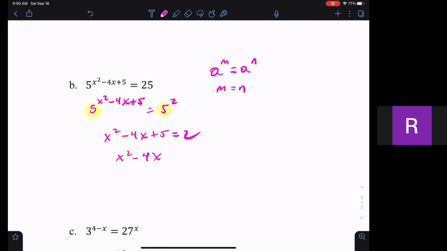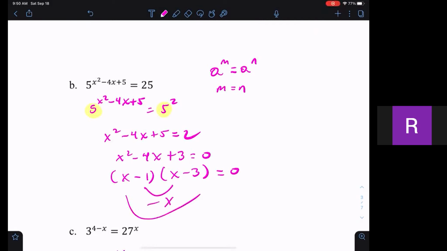This is going to be x squared minus 4x plus 3, which is (x - 1)(x - 3), because negative 1 times negative 3 gives you positive 3, and negative 1x and negative 3x give you negative 4x. Now you set each factor equal to zero, so x = 1, x = 3.